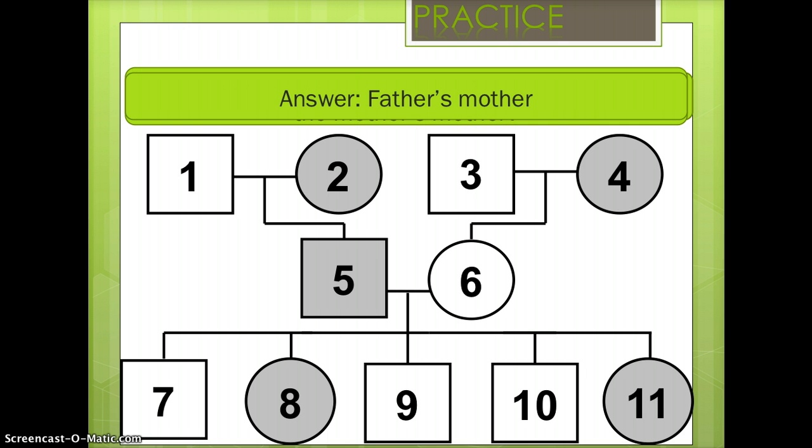Father's mother. Who is person 2 to person 11? Grandmother. If you are still having trouble interpreting relationships or the meaning of the circles and squares or the shaded or not shaded, go back and complete the practice questions again.